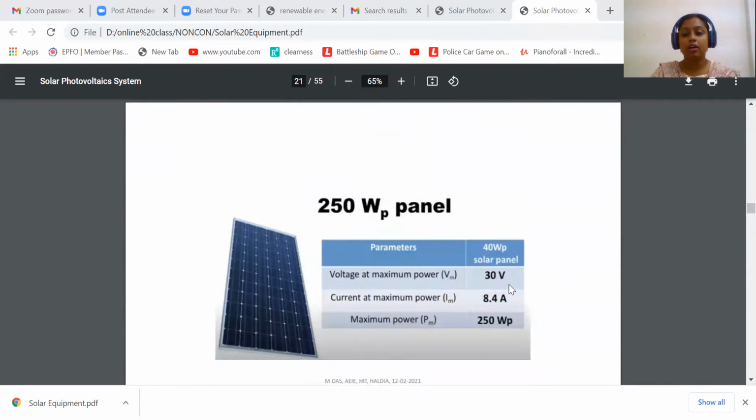Similarly, we have other modules with higher power ratings, like the 250 watt peak panel, for which the voltage is 30 volts and the maximum current is 8.4 amps. Taking the classifications of the different panels like this, we can design the system to serve a particular load.